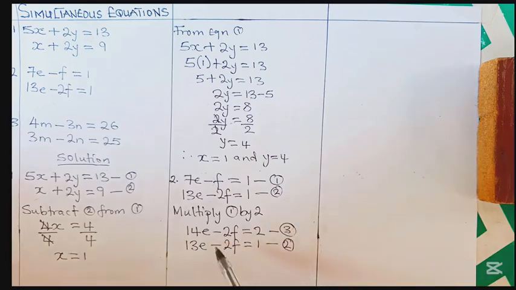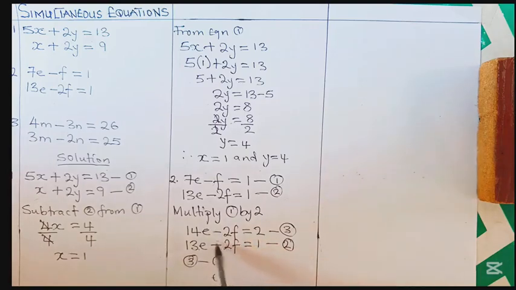So we are saying equation 3 minus equation 2. That is, we are subtracting equation 2 from equation 3. So equation 3 minus equation 2, we now have 14e minus 13e, we have e, and minus 2f minus minus 2f.